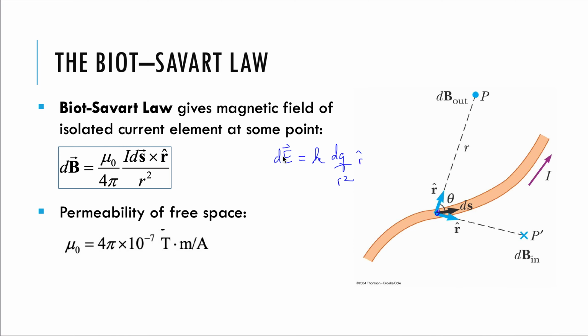So the electric field, due to an infinitesimally small charge element, depended on the distance squared from that element to the point, and it had a direction r hat. In this case, the magnetic field, due to a current element, depends on the cross product, but it also has the inverse r squared dependence.